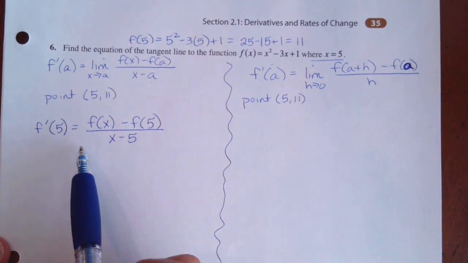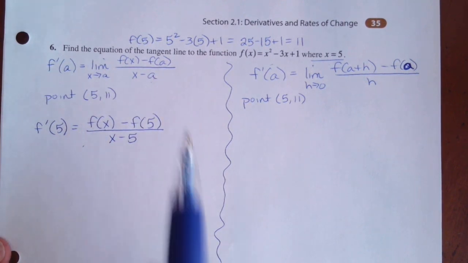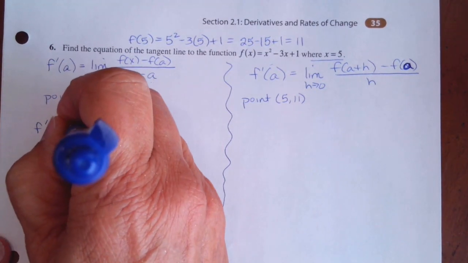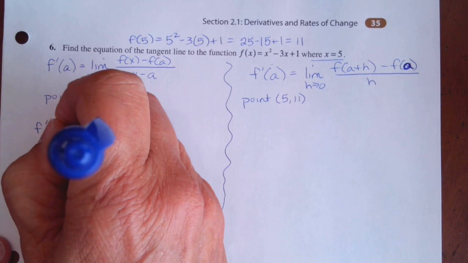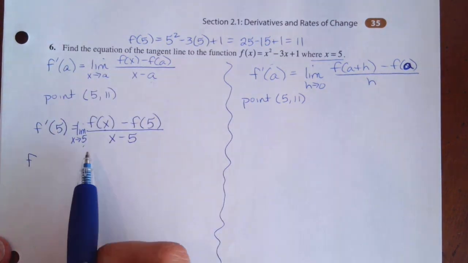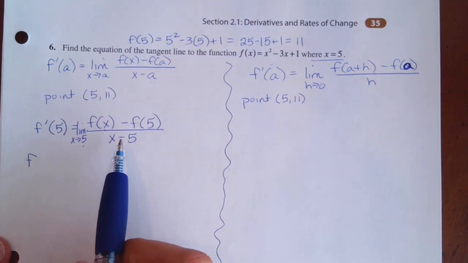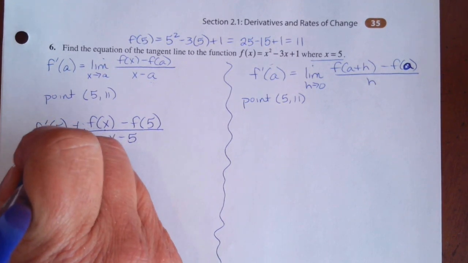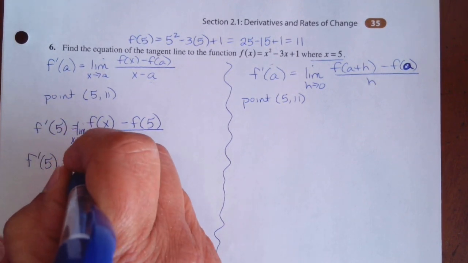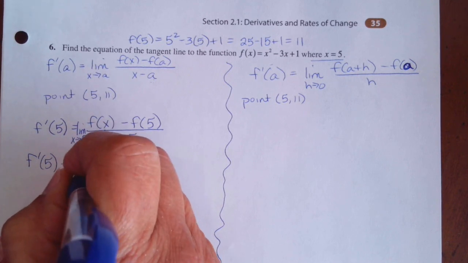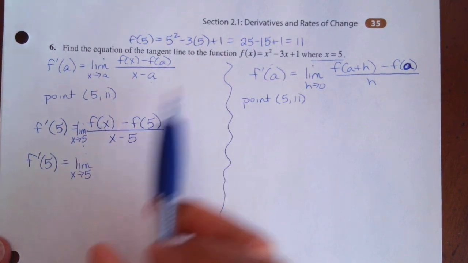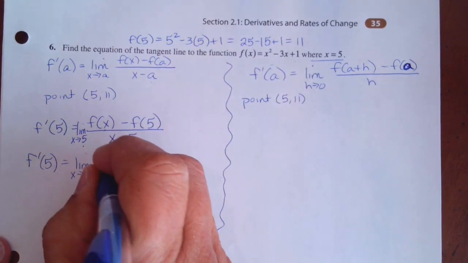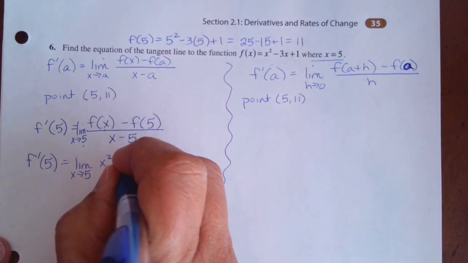All right. So that means I need to put in f of x here. So let's keep going. Oop, and I left out the limit as x goes to 5. Okay, so this is the limit as x goes to 5. All right, so f prime of 5. So now we have the limit as x goes to 5. And instead of f of x, we're just going to put f of x, which is x squared minus 3x plus 1.